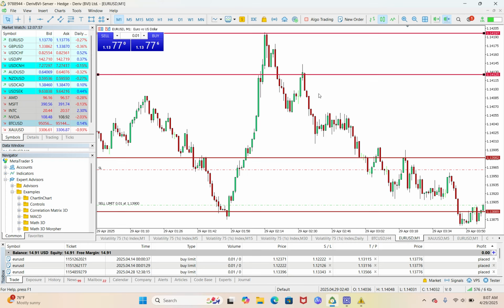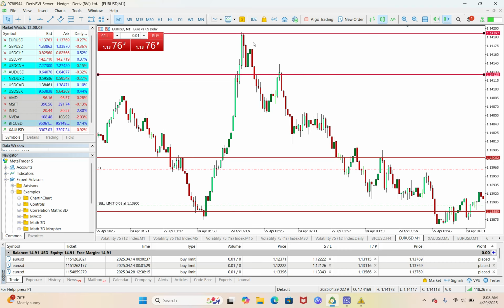We are looking for structure where price has been before, and this here might be something, but I'm gonna be trading very carefully. I'm not taking any chances because this is a small account.